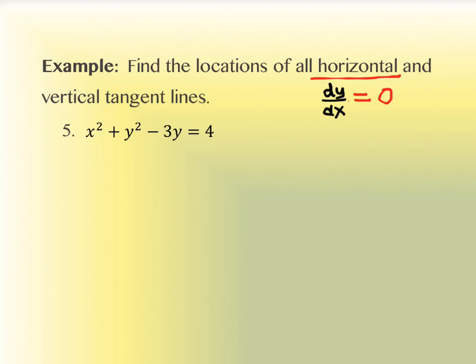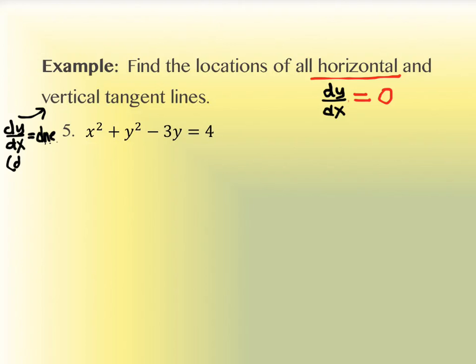Now how about vertical? Arms in the air. What does a vertical line look like? Yeah. Okay, good. So it's going to be like the y-axis, right? Straight up and down. So think about the slope. What is the slope on a vertical line? Undefined. How do we get things that are undefined? Yeah, so this dy dx, or the slope, it needs to be undefined or does not exist.